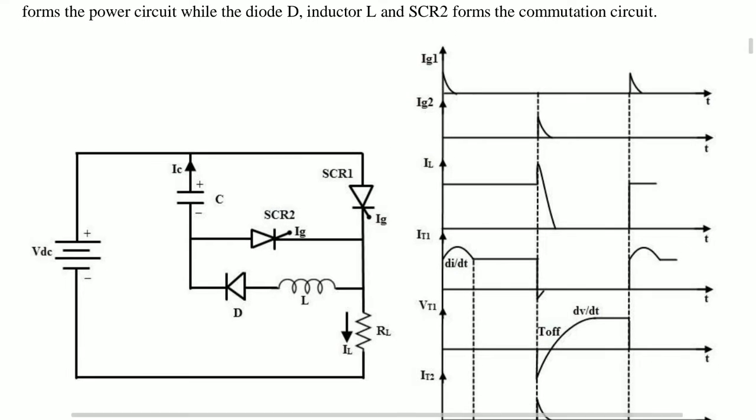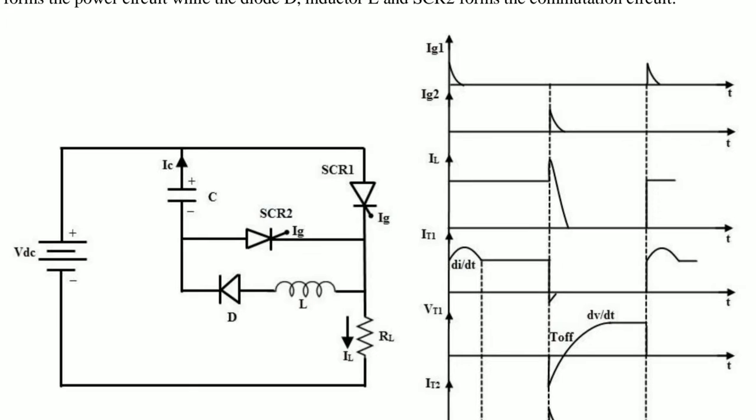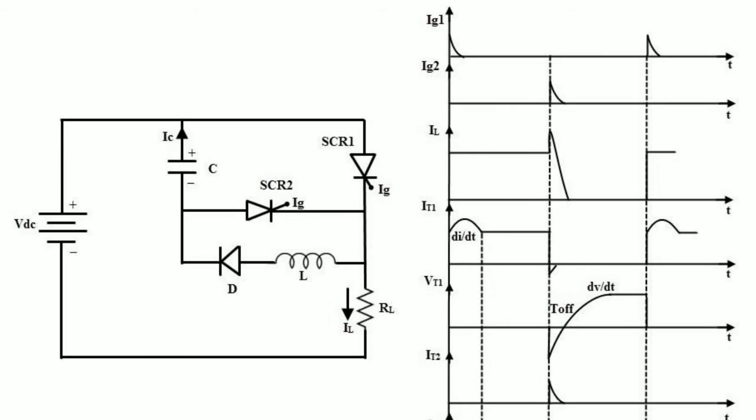From this circuit diagram we can see there are a total of 2 circuits: the circuit formed by SCR1, the main SCR, and the second circuit formed by SCR2, the commutation circuit. The main circuit consists of the source, SCR1, the main SCR, and load resistance RL.